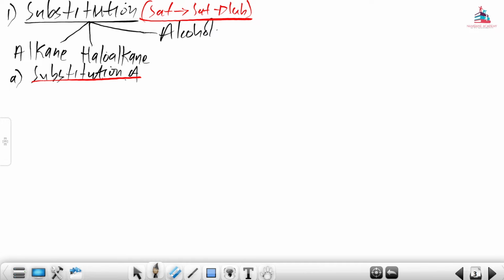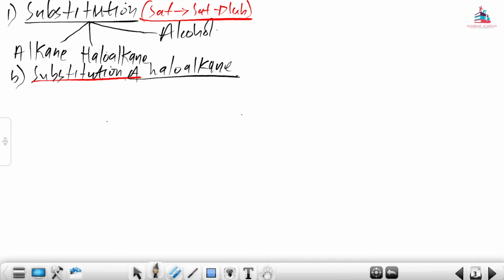So for substitution of haloalkanes, now we know why haloalkanes will undergo substitution reactions. So this should be B as well. So this is B, substitution of haloalkane.